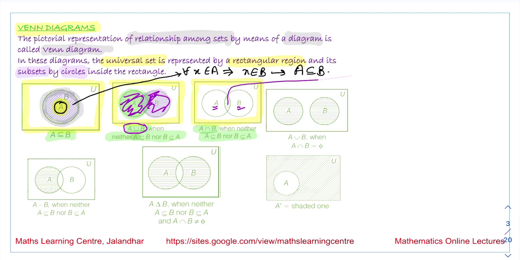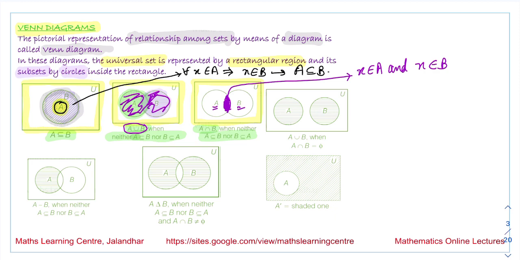What does this region represent? It means any point in this region, say the point X. What is the property of X? X belongs to A and X belongs to B. This is the shaded portion.